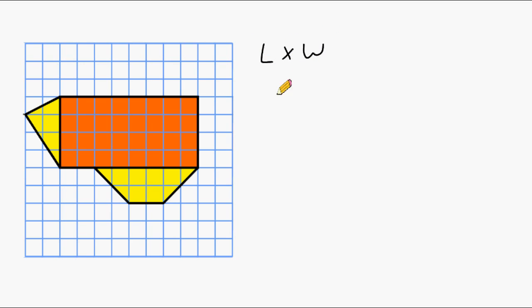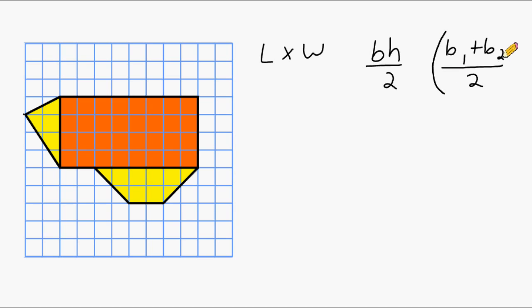The area of a triangle is base multiplied by height divided by 2. And the area of a trapezoid is determined by adding the two bases, b sub 1 and b sub 2, dividing that by 2, and then multiplying that total by the height of the trapezoid.